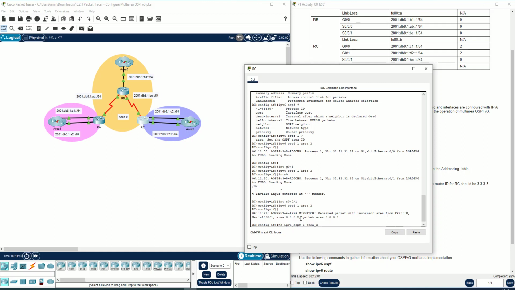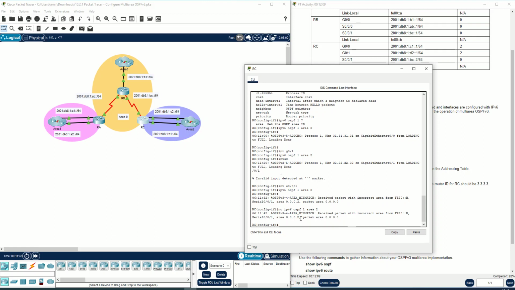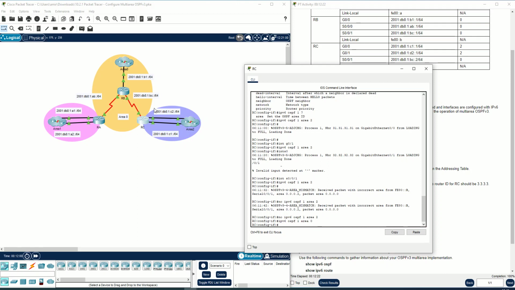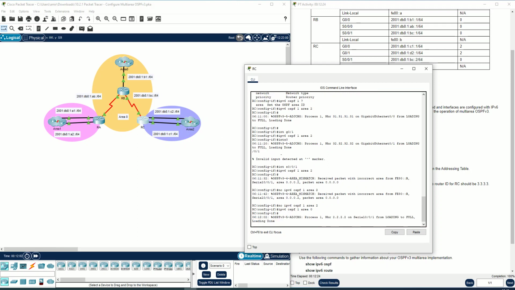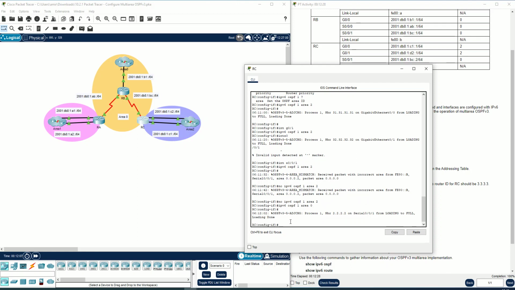I should delete it, but it's better to show that sometimes I can make mistakes. Maybe it's my bad, but I can also edit it. It should be in area 0, as you can see here. This is area 0 and IPv6 OSPF 1 area 0. Yes, I have also fixed my mistake.